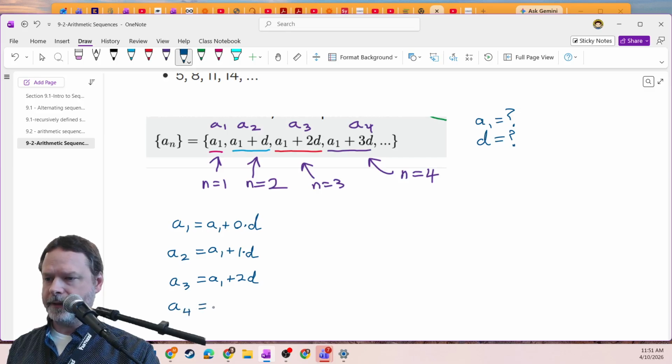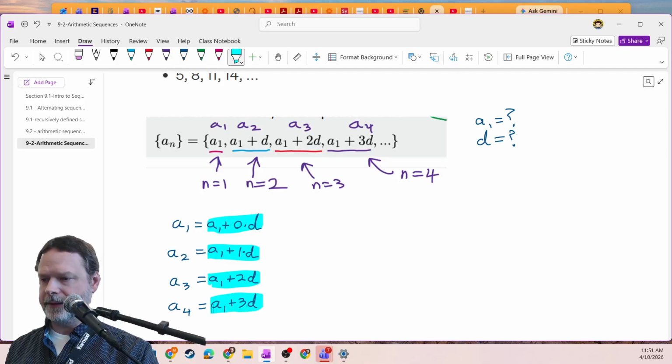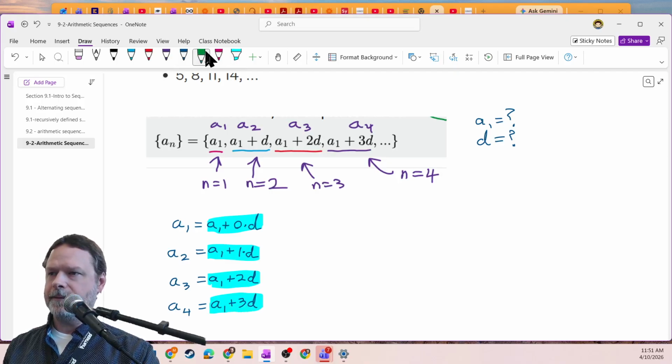So what we want to see is whether there is a pattern emerging between my n's and these expressions, the number that each one of these is, the term. If it's a sub 1, remember that means n equals 1. If it's a sub 2, n equals 2.